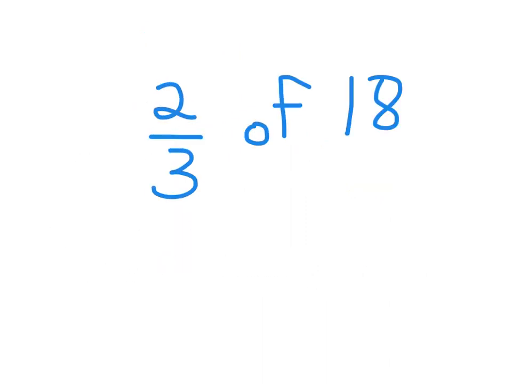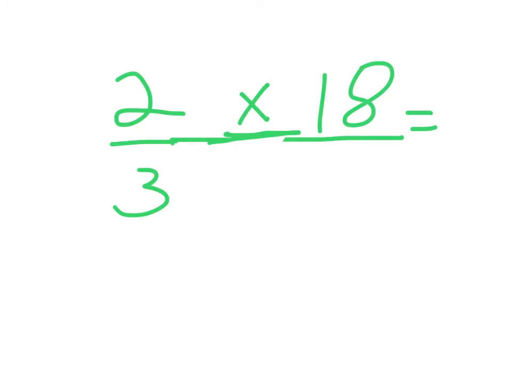We are going to start off the lesson by reviewing finding a fraction of a whole number. So we're going to start off with 2/3 of 18. Remember, the word "of" can be replaced with a multiplication sign. So 2/3 times 18. Remember, we will multiply our numerator times our whole number. 2 times 18 equals 36.